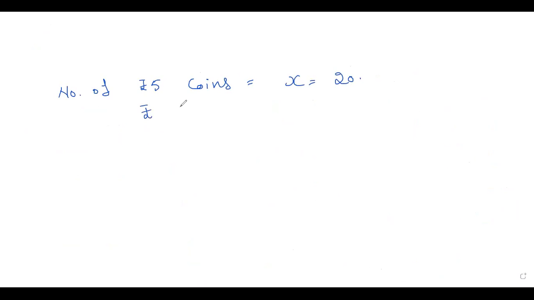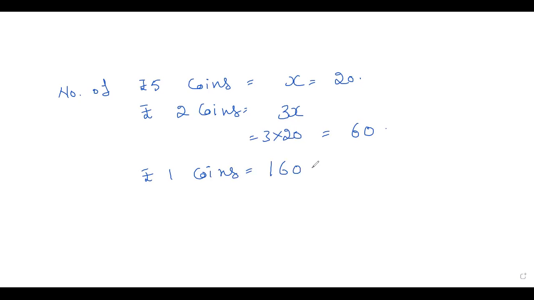Number of 2 rupee coins, it is taken as 3x, that is equal to 3 into 20, which is 60. Number of 1 rupee coins is equal to 160 minus 4x, that is 160 minus 4 into, what is the value of x here? That is 20. 160 minus 80, that is equal to 80.